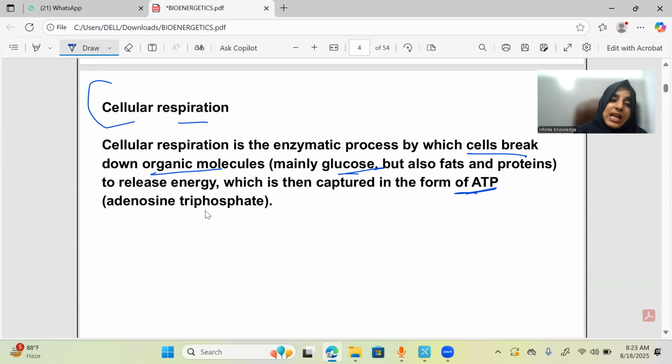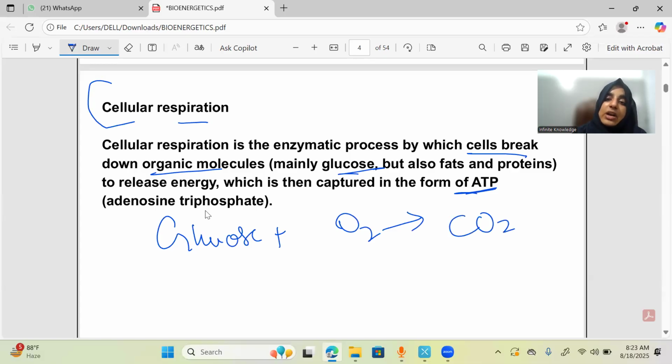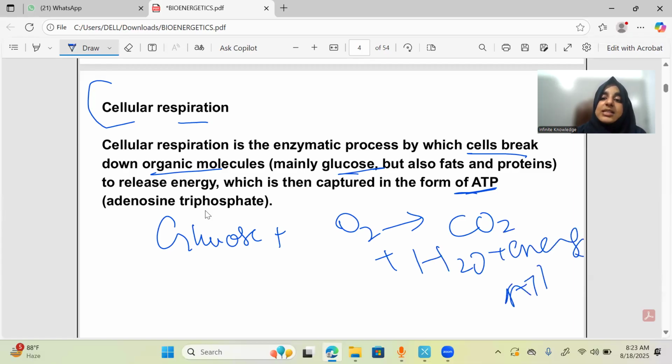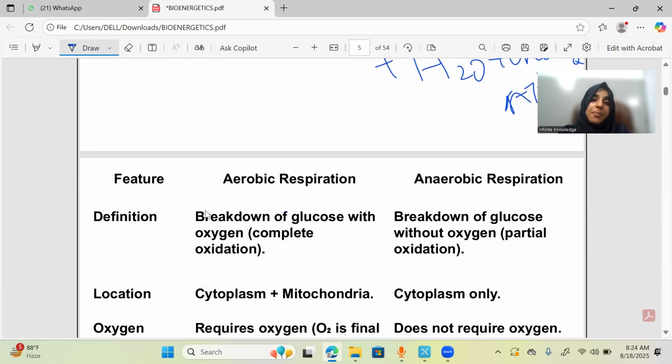So it basically goes like this: glucose plus oxygen produces carbon dioxide plus water plus energy in the form of ATP. This is a very simple equation which we have studied since matric or intermediate, and you must know this by now. This is just a quick revision of the topic.